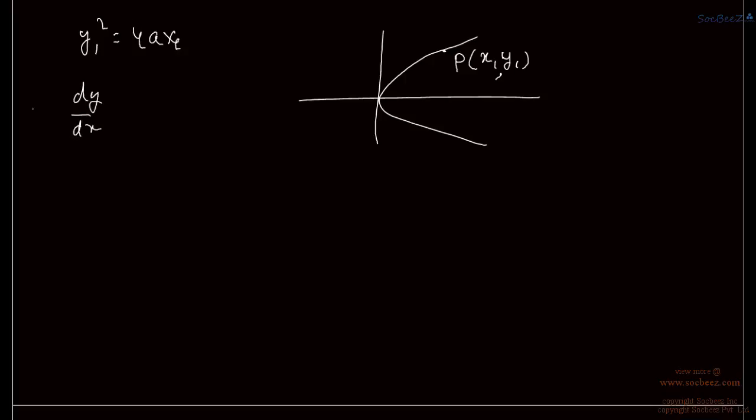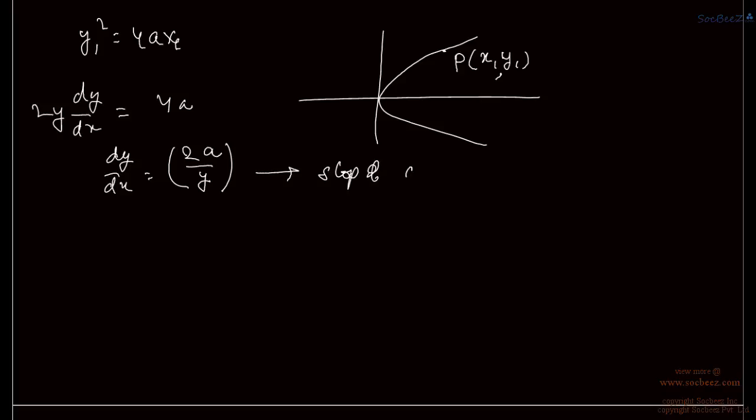So we have 2y dy upon dx is equal to 4a, or dy upon dx is equal to 2a upon y, right? So this is actually the slope of tangent.